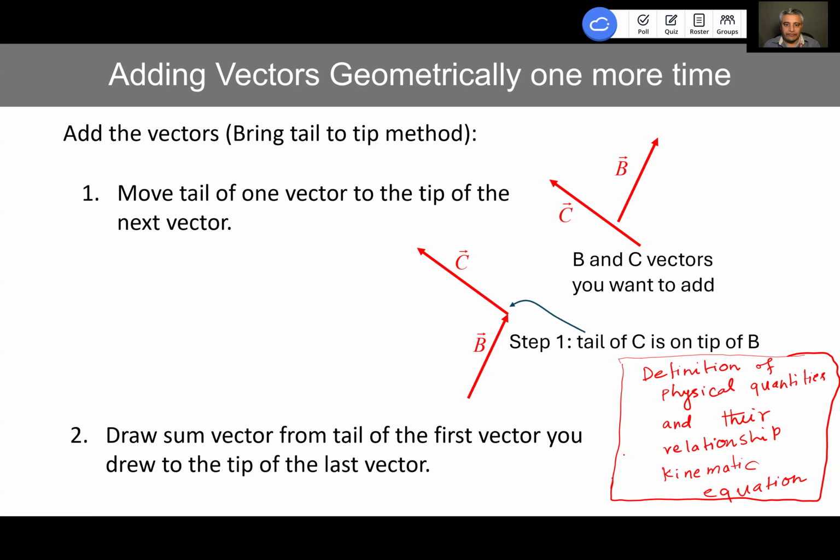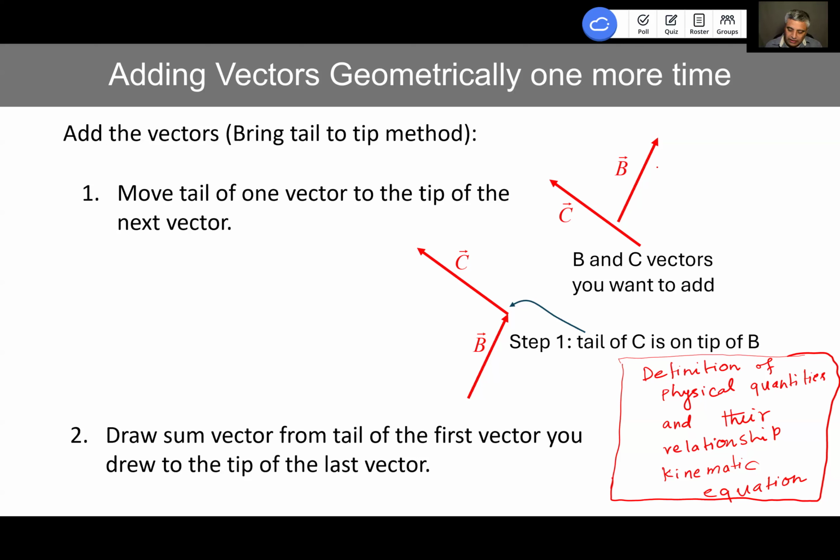And once we move from one dimension to two dimension, rather than just going east and west or up and down, we may also go sideways. So in that case, we also need to learn how to add vectors to get the displacement, okay? And that's what we did towards the end of last class. And for review, I am bringing them here.